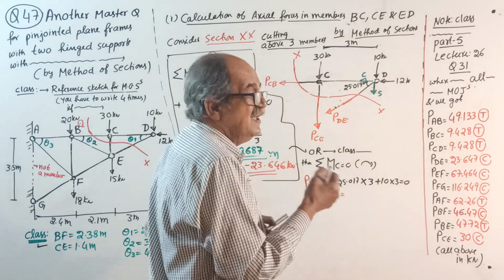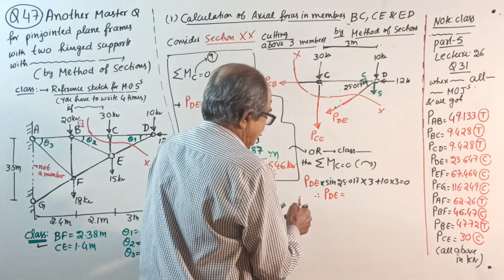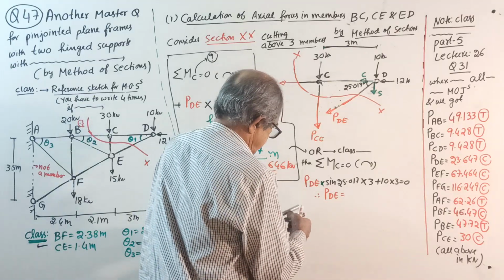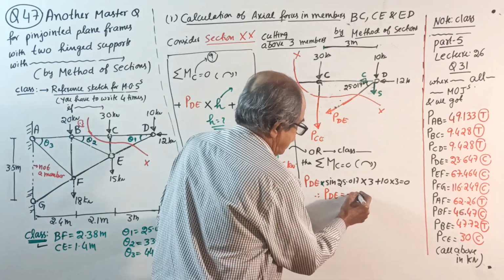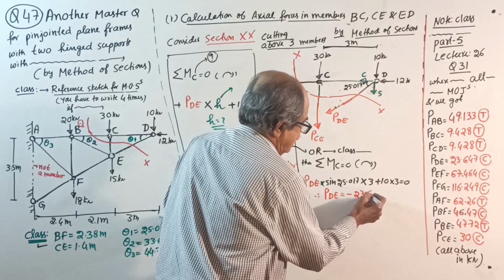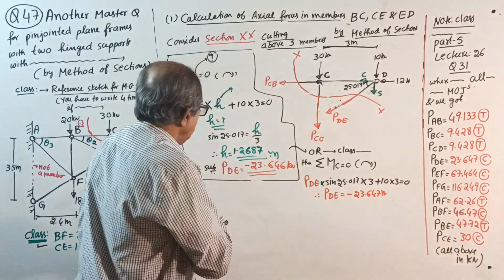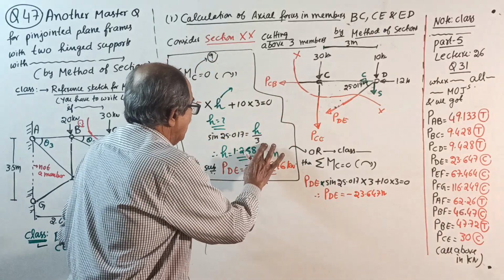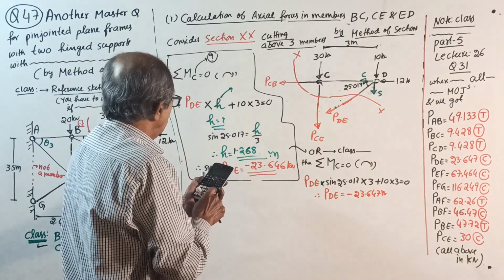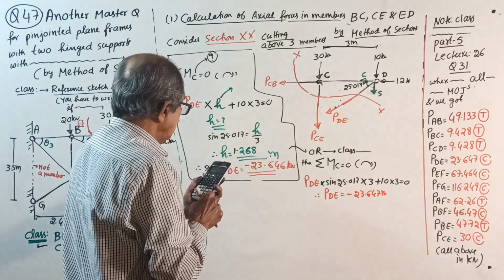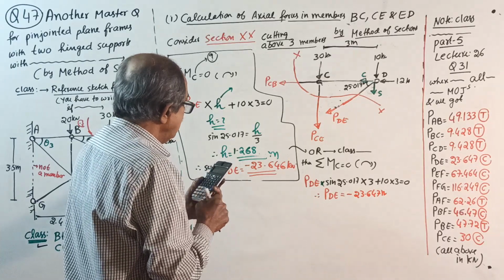23.647. Oh, see, slight difference. It is minus 23.647. If you want to get 647 here, write this H as 3 into sine 25.017, which is 1.26866.